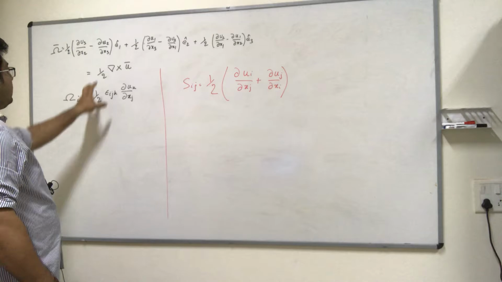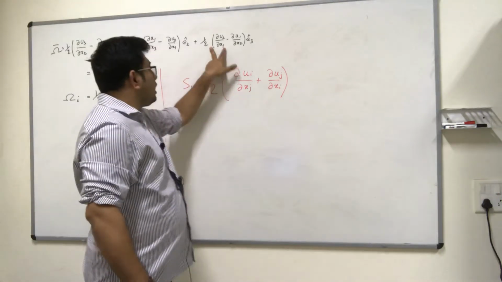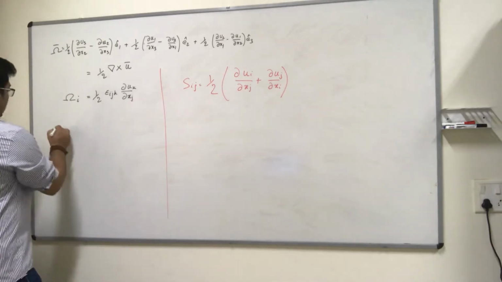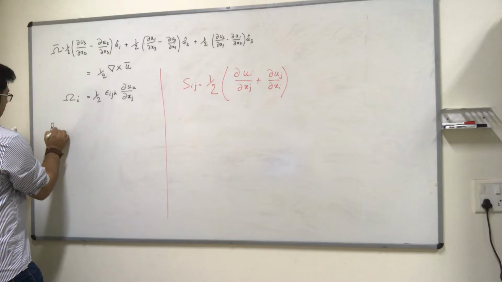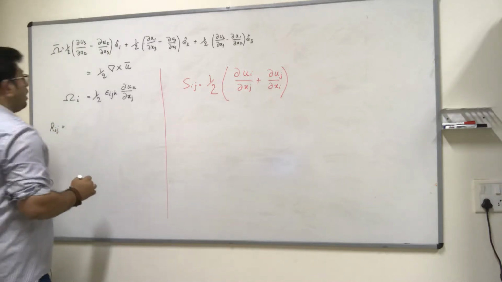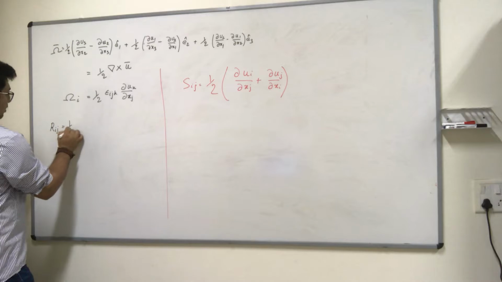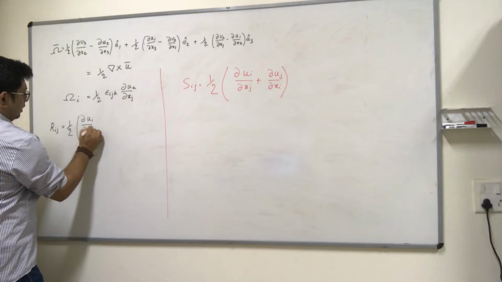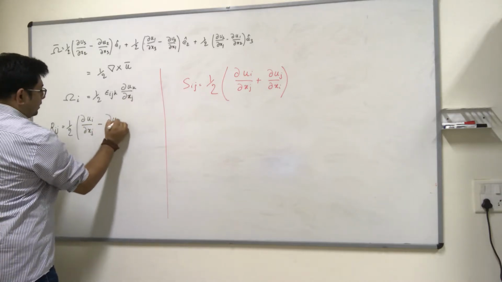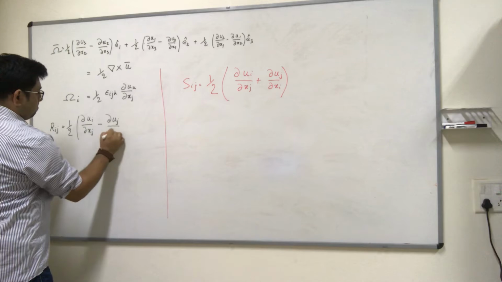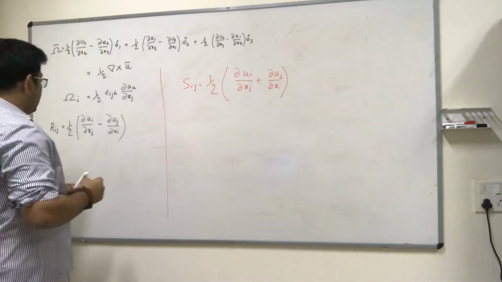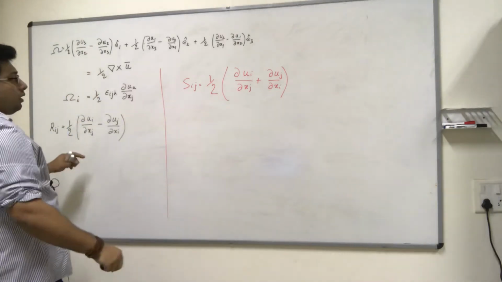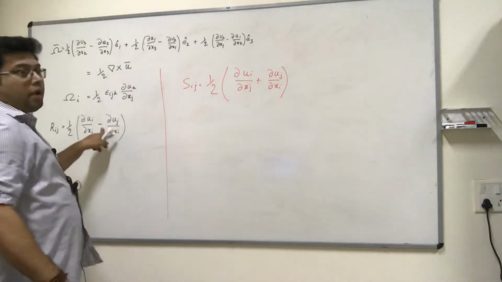Now if you look at these expressions, this should give you an idea that maybe we can define another tensor here. We'll call it Rij, and here there will be a minus. So these two look very similar to each other, but here there is a plus and here there is a minus.